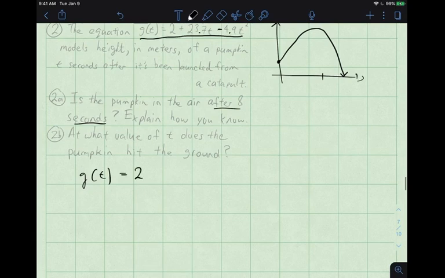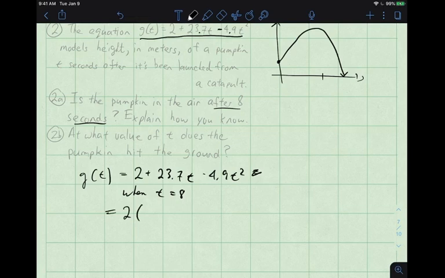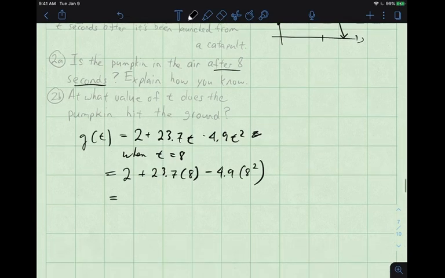Okay, 2 plus 23.7t minus 4.9t squared. When t equals 8, let's see where the height is. 2 plus 23.7 times 8 minus 4.9 times 8 squared. Put this into a calculator.